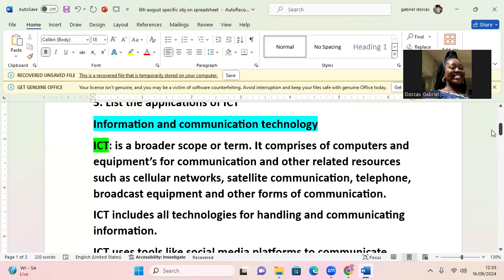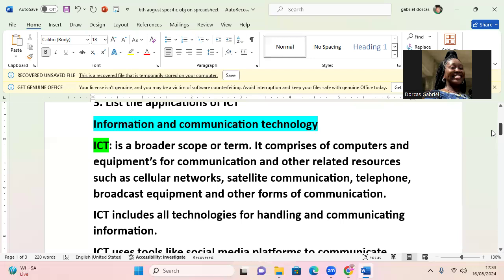We can also say ICT includes all technologies for handling and communicating information. Now, here's the difference. IT stops at just gathering information, retrieving information, processing information. But ICT goes further than that. It's way beyond just sourcing for information.